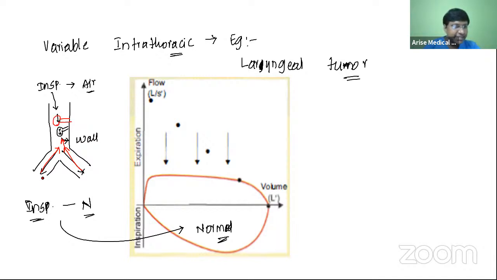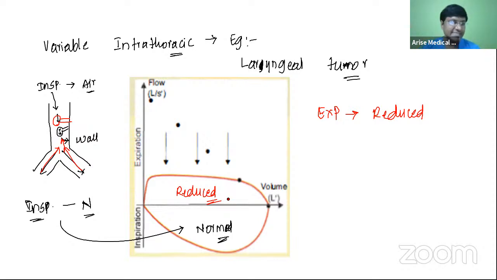So the air does not move out. The expiratory component is reduced. When the expiratory component is reduced, this is the flow volume loop you will get.